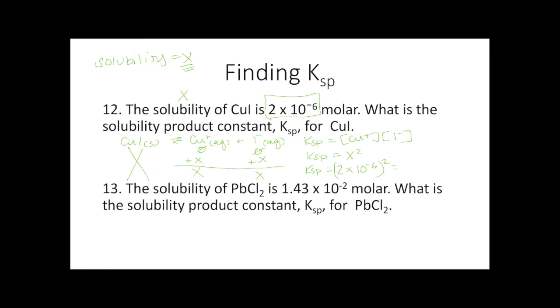You square that number. No units. Ksp. There it is. That's it. It does get more complex in the next one because now you have a 2x involved, but I think you can handle it. Pause and see what you can do with the next one.